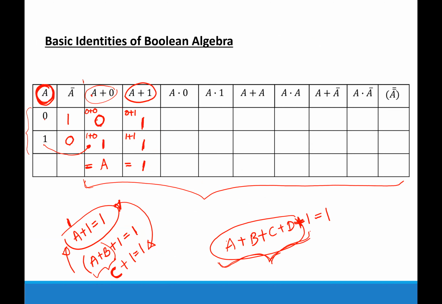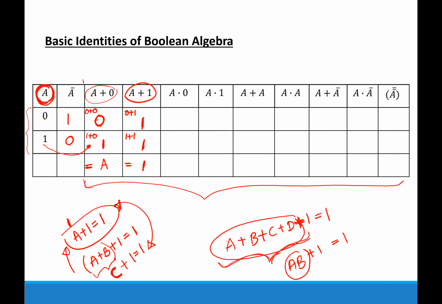It doesn't matter if we have so many variables here. After taking A and B, again, we will get 1 or 0. After adding 1, the final answer becomes 1. Are you okay with that? Whatever the variables we have, after adding 1 to those variables, the final answer is equal to 1. Very important result, you will need that when you simplify large Boolean expressions.